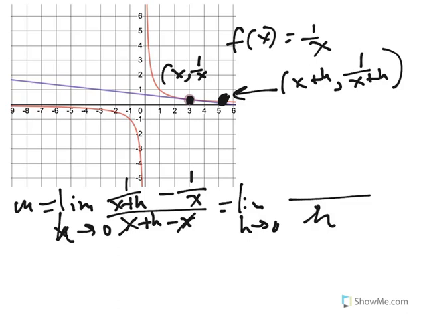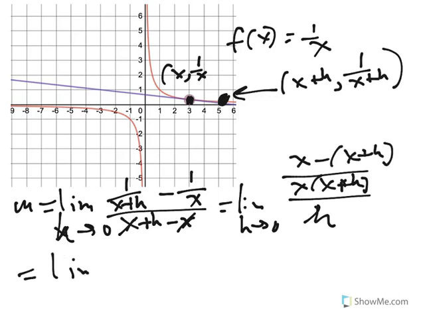The numerator, if we get common denominator of x times x plus h, we end up with x minus x plus h, which becomes, I'm going to keep writing a limit, h goes to 0.